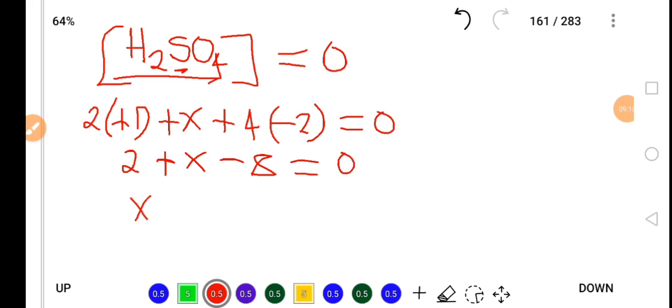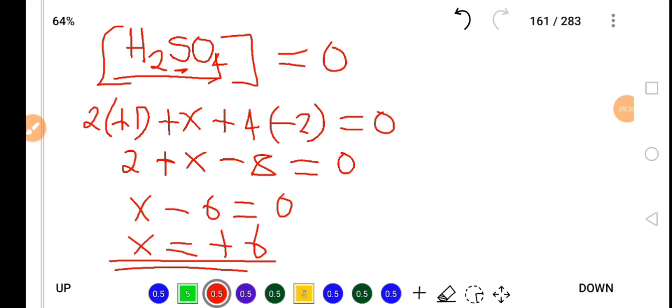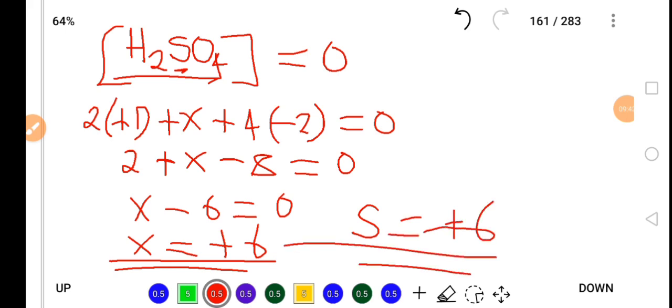So X, 2 minus 8 will give us -6, equals 0. X equals +6. So in sulfuric acid, the oxidation number of sulfur equals +6.